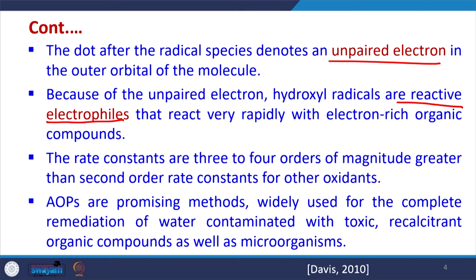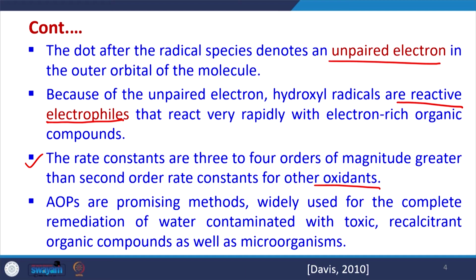The rate constants for the degradation are 3 to 4 times higher in magnitude than the second order rate constant for other oxidants or reactive oxidation species that we will try to learn within this lecture itself.